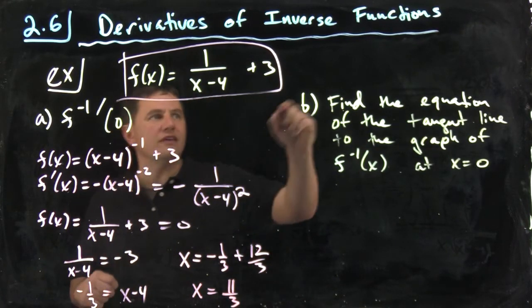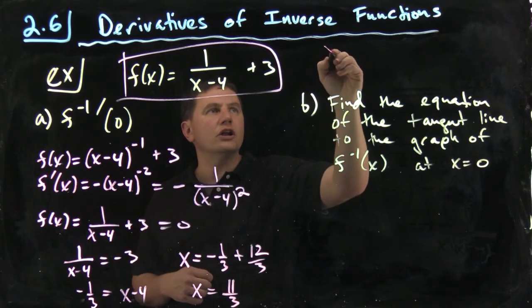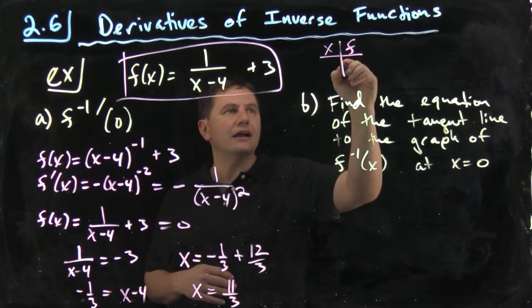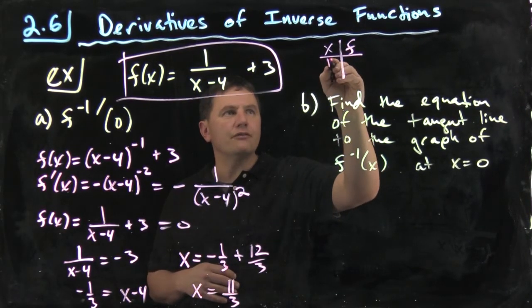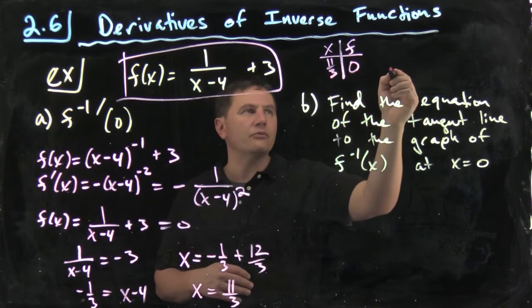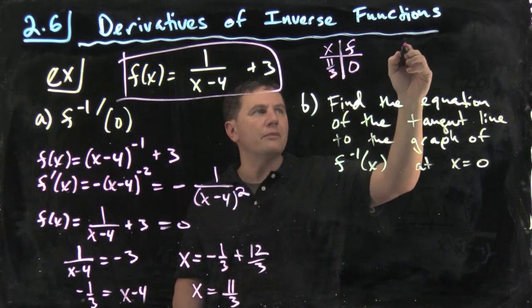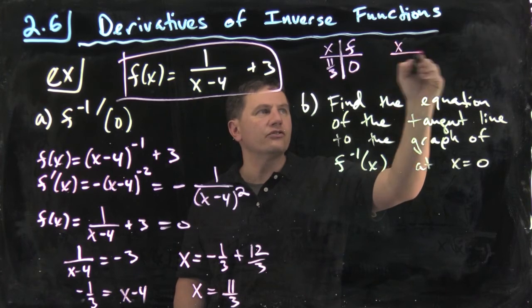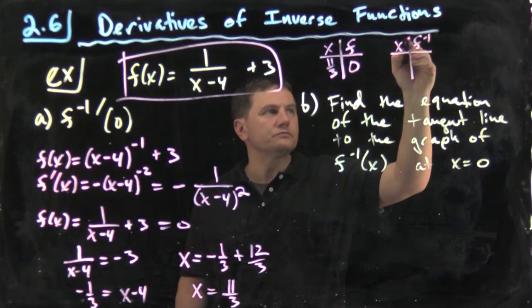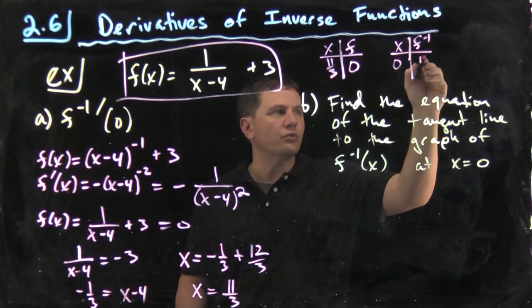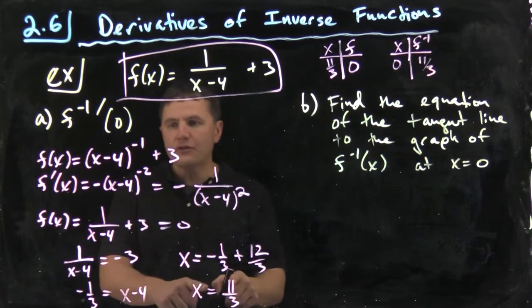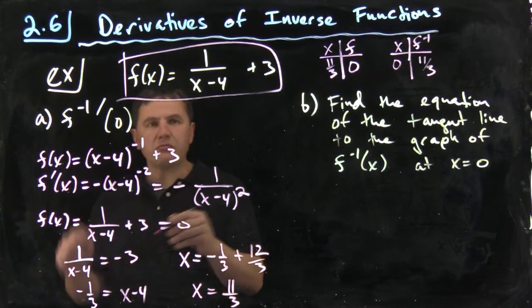So we're clear what's happening. If I look at a chart here, f of x, if 11/3 goes into that, 0 comes out of it. So I'm interested in with my f inverse, if I'm interested in 0, these switch places. So I'm going to take 11/3 and I'm plugging it into f prime.